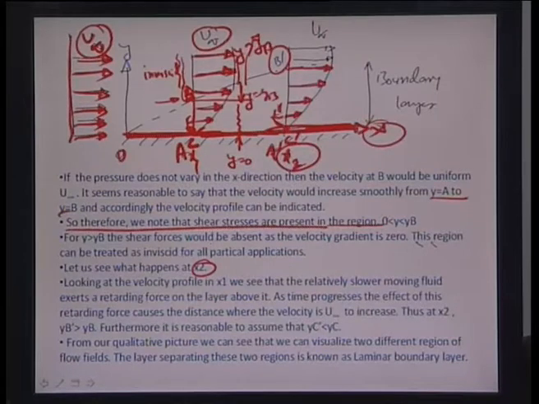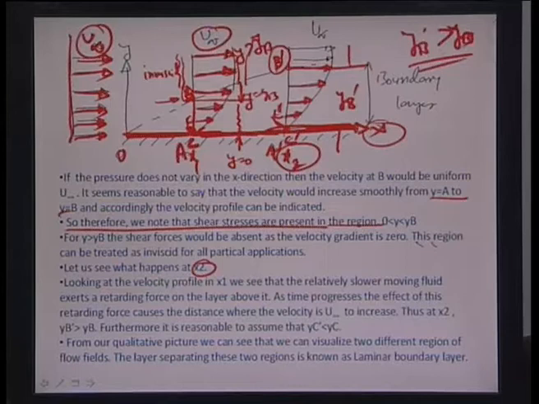So if we assume this to happen, then we can think that the fluid is applying a retarding force to the plate. So the force goes on increasing as it goes along from 0 towards x2. Okay, so therefore definitely the yB dash here, which is essentially this distance, should be greater than yB, because it takes a while, because the retarding force is more at B dash.